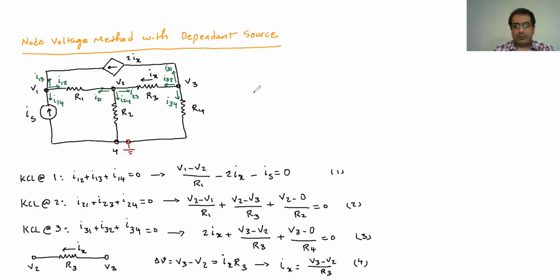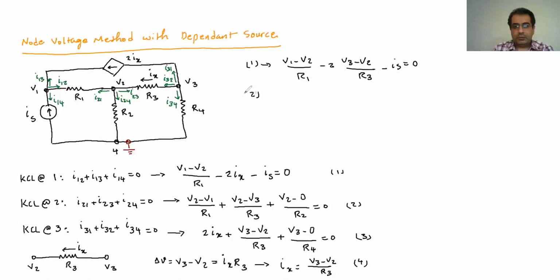Now I'm going to write the rest here on top. If I substitute Ix in these equations, equation 1 becomes V1 minus V2 divided by R1, then minus 2Ix, and the Ix is V3 minus V2 divided by R3, which we have from here, and then negative Is, minus Is, is 0.